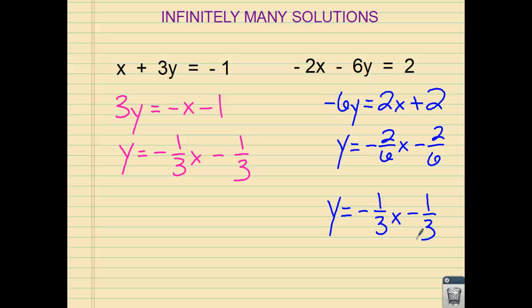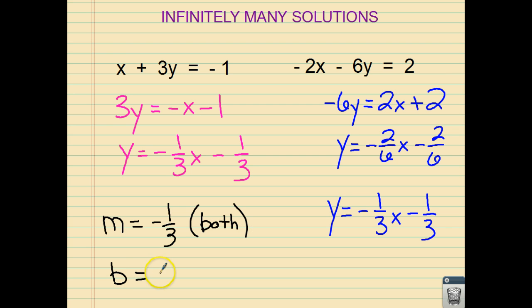Good. You notice that the slope, m, is equal to negative 1/3, and that is going to be for both of them. And then the b, or the y-intercept, is negative 1/3 for both of them, which means these are identical lines.